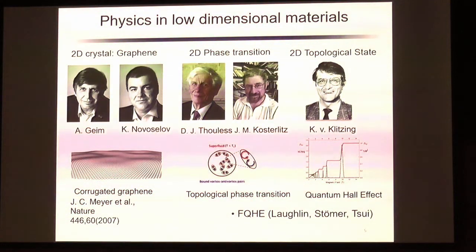Although it was discovered a long time ago, recently people have focused more on layered materials. These are also very old stories, but they now have a different name: 2D topological states. The quantum Hall effect can also be understood in terms of 2D topological states. If you introduce electron-electron interaction, you can go to the fractional quantum Hall effect regime.